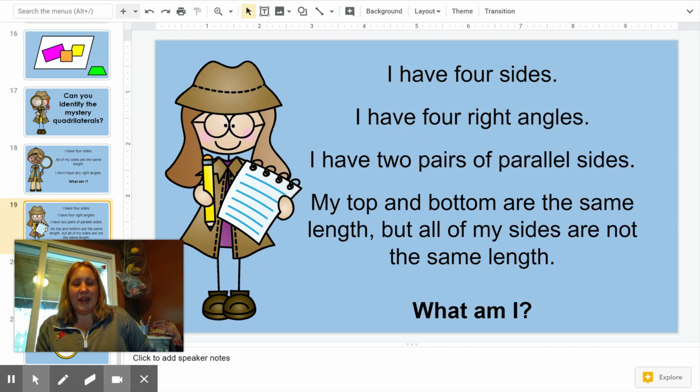Let's try this one. I have four sides, I have four right angles, I have two pairs of parallel sides, my top and bottom are the same length, but all of my sides are not the same length. What am I? And again, if you want to pause to think longer, you can.